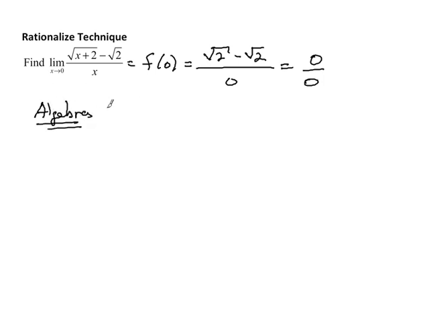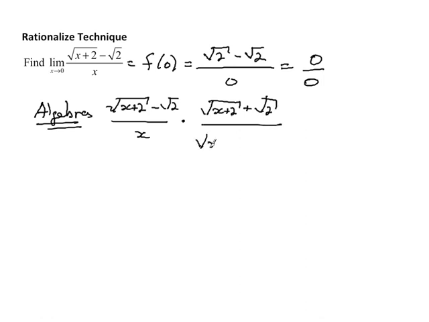I'm going to take the square root of x plus 2 minus the square root of 2, divided by x. And I'm going to multiply this by the square root of x plus 2 plus the square root of 2, divided by the square root of x plus 2 plus the square root of 2. I multiply by 1.